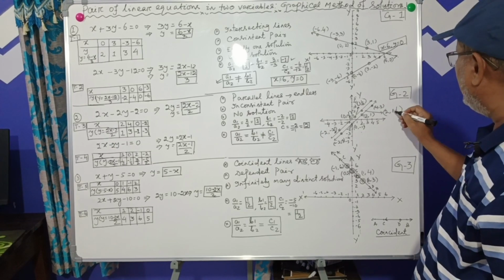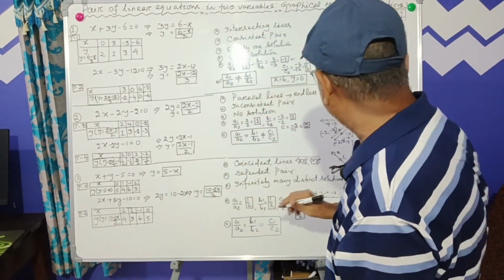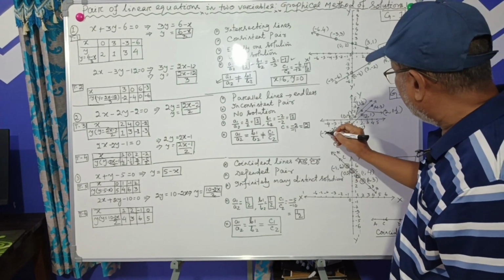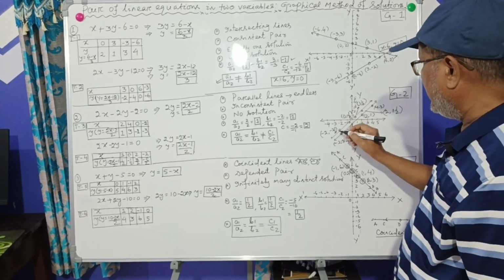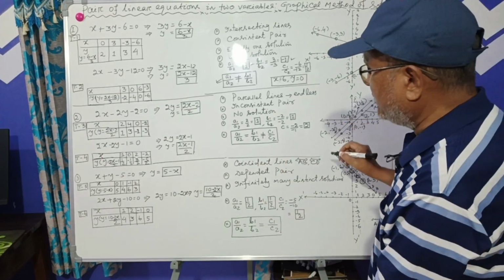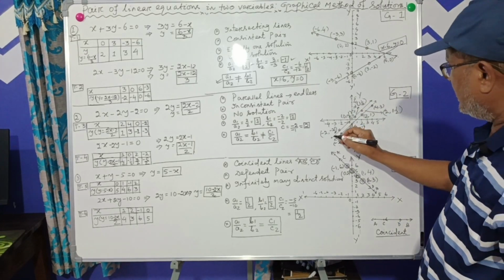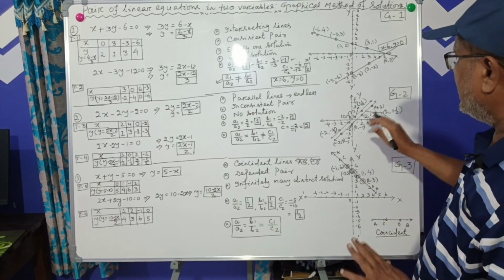Next, minus 2 and minus 5 by 2, or minus 2.5: this point. Okay, so let us join these points. Now we got two straight lines.